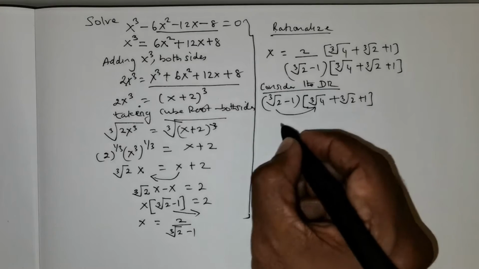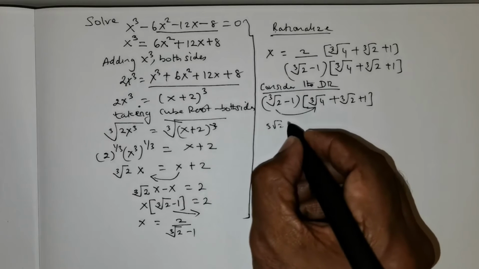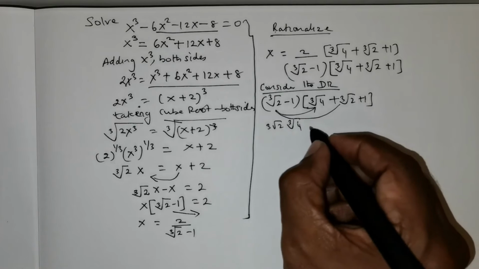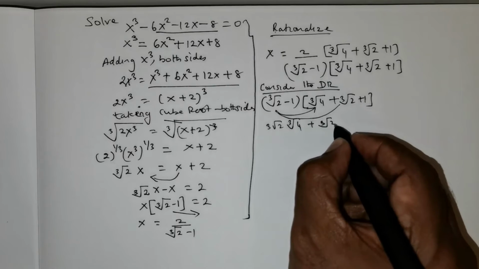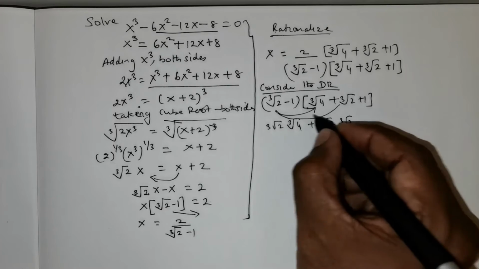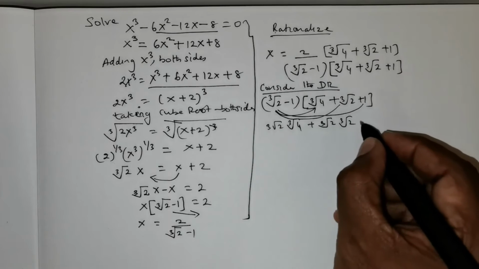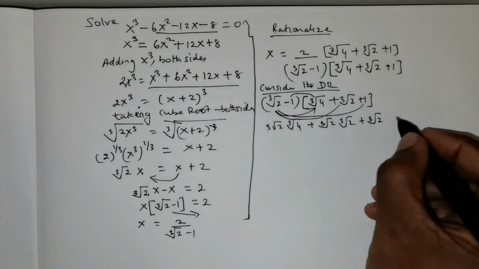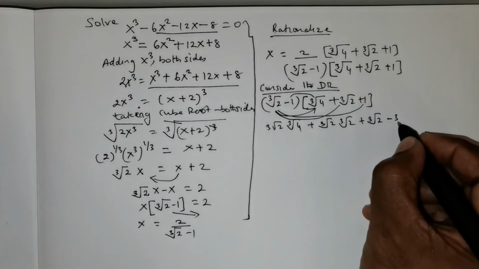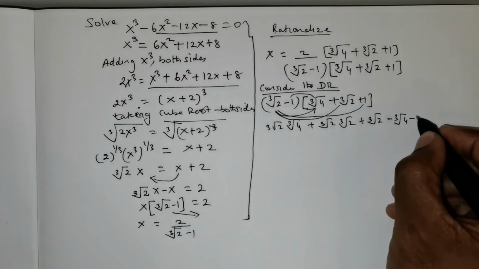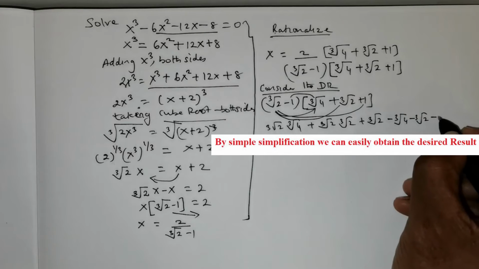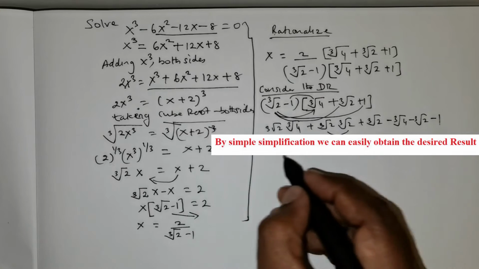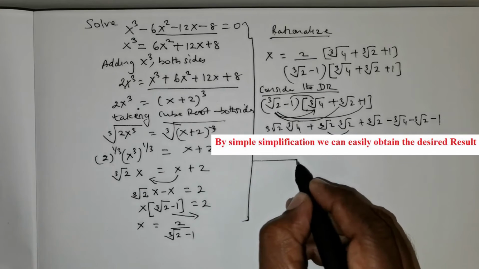Now, multiplying we get third root of 2 multiplied with third root of 4, third root of 2 multiplied with third root of 2, and then third root of 2 multiplied with 1. Following it up for negative 1, we would now have negative third root of 4, negative third root of 2, and negative 1.